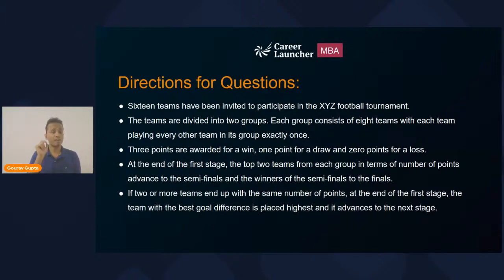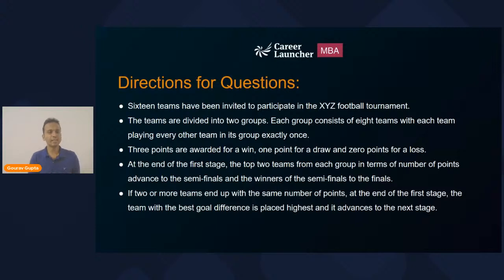But when you have a possibility of a draw, then these things will make a difference. So now in today's question, we have +3 for a win, +1 for a draw, and 0 points for a loss. So this is one big change that will affect the answers, and the approach that we'll be using for these questions.